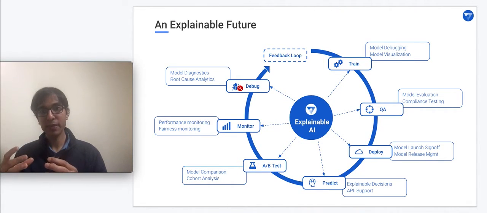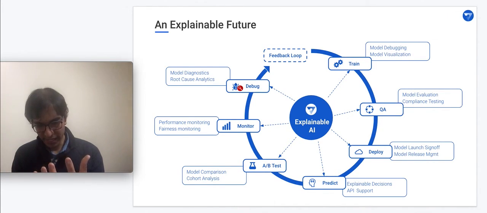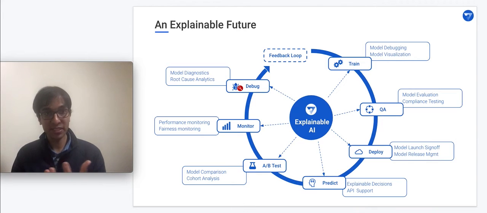We'd like explainability at QA time to check whether the model is complying with various regulations. Then you want explainability at the time of prediction so that you have explanations coming for individual predictions that you may want to then surface to the relevant stakeholders, in some cases even to the end user.